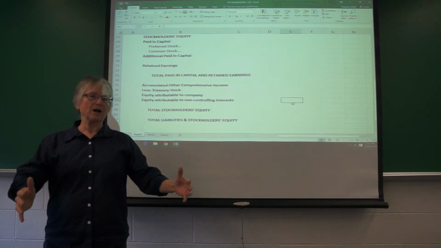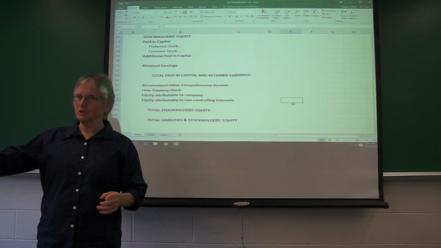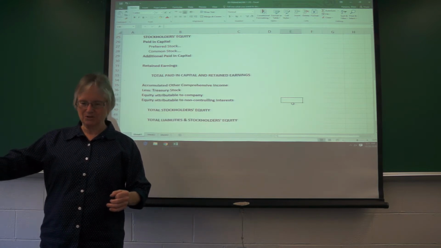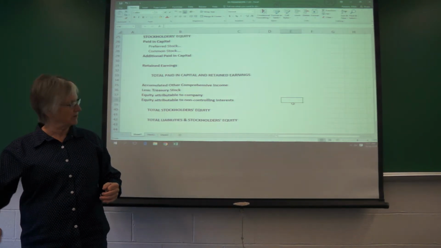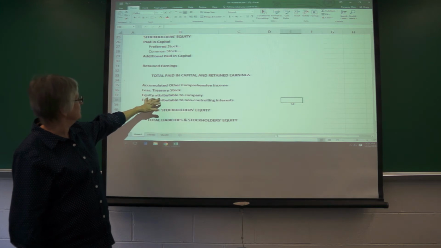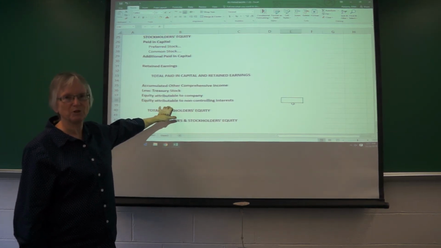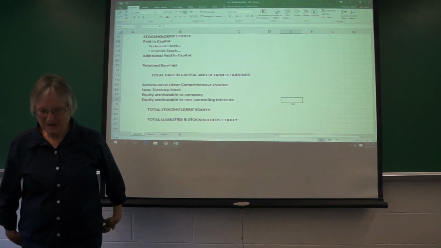Okay, so our company controls 51%. The 49% that we don't control is the minority interest or the non-controlling interest. And so we have to really say, well, how much of the equity is attributable to our ownership in that company and how much doesn't really belong to us. Okay.